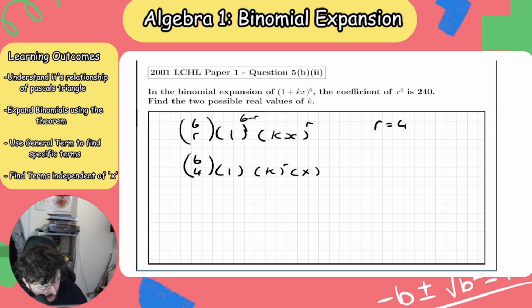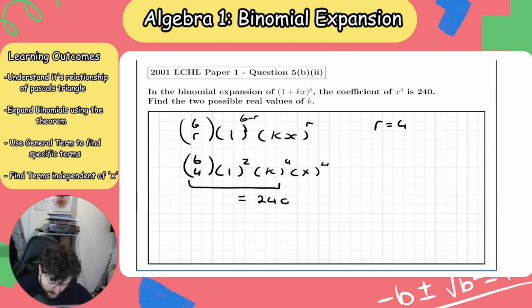This is going to be 6 minus r, so 6 minus 4 is 2, and I have k to the power of r, which is going to be 4, and then I have x to the power of 4 here. So I know all of this has to equal 240. 6 choose 4 is 15.